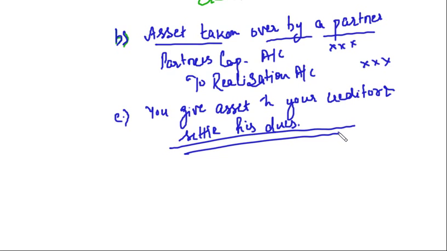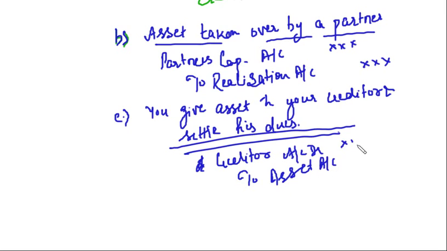What will be the entry in this case? You are giving the asset to a creditor, your asset will reduce and your creditors will also reduce. Your liabilities will be debited and assets will be credited. You have already done that in the realization account. In the normal case, the journal entry will be creditor account debit to asset account.